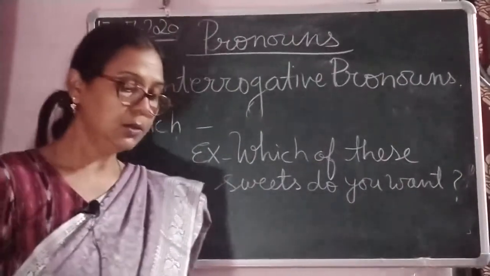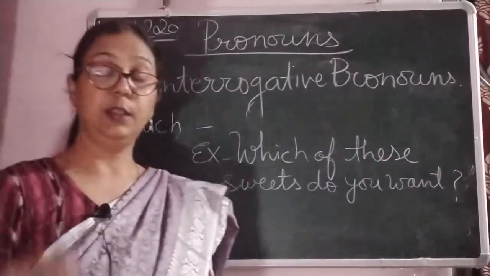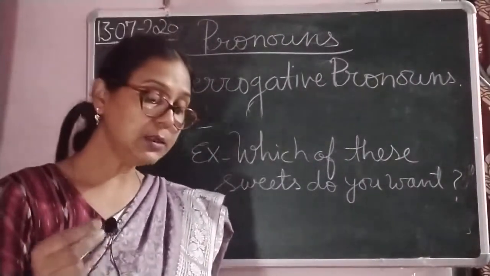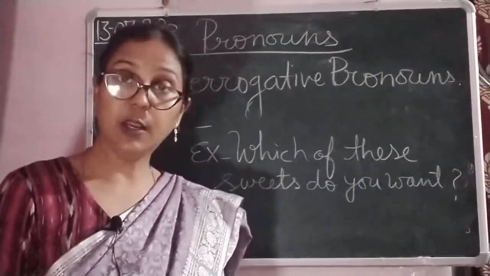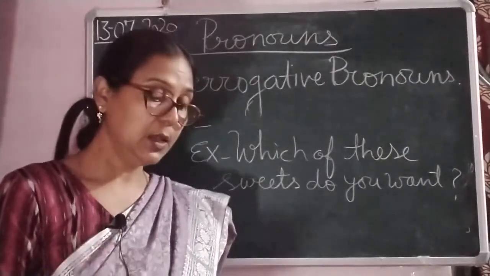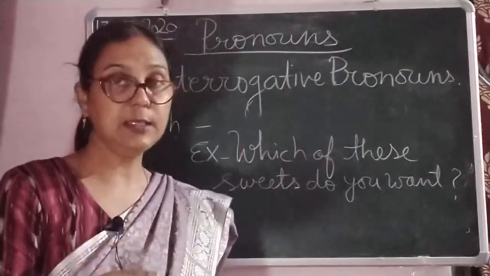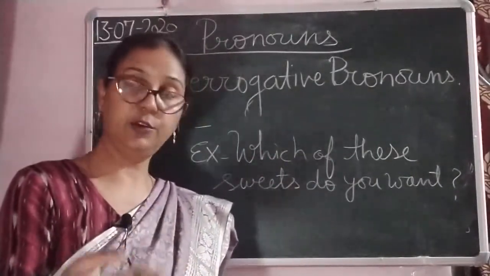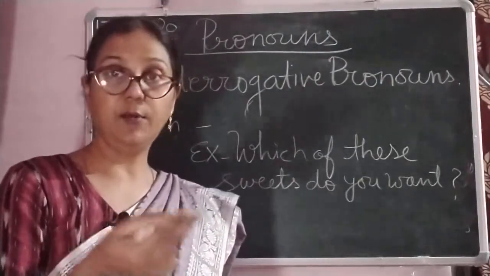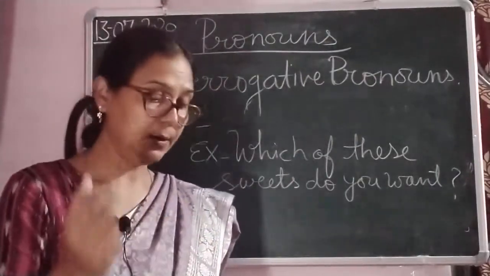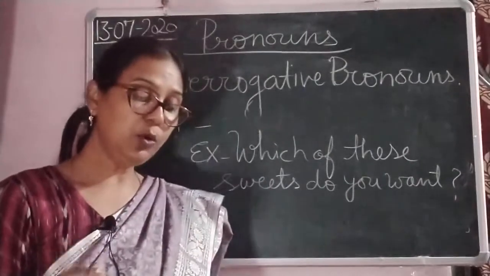Now, for example, who is calling me? Raja is calling you. It is used for the person. What do you want? Again, it is used for things. I want your cricket bat. And whom do you want to meet?